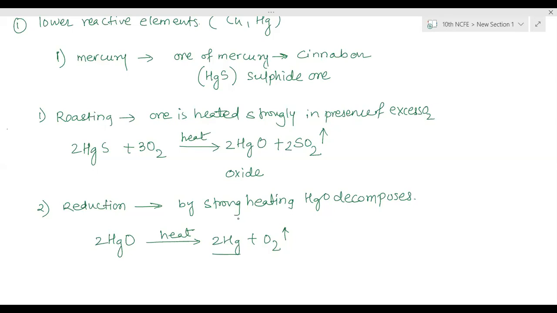So therefore we make it hard by alloying it with copper or silver. So that is impure gold, and it is not found in nature. We melt it, after heating strongly, and then it is mixed with some amount of copper or silver.